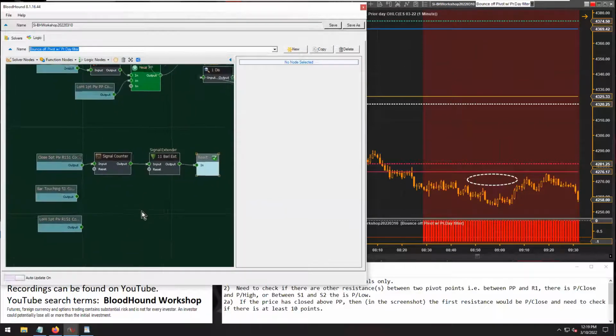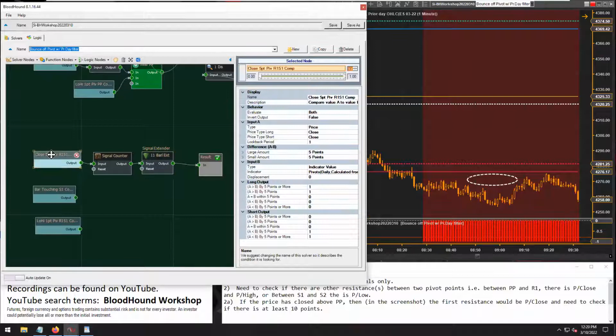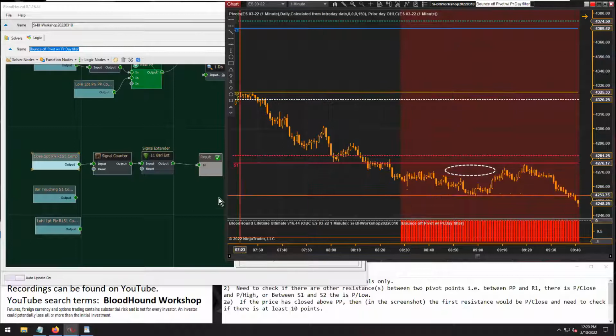Remember, this is our logic here for the 5 points of separation. Once price comes down here for at least 5 bars, then we're going to get that long output saying, okay, we have the 5 points of separation for at least 5 bars. Okay, so that's working correctly.